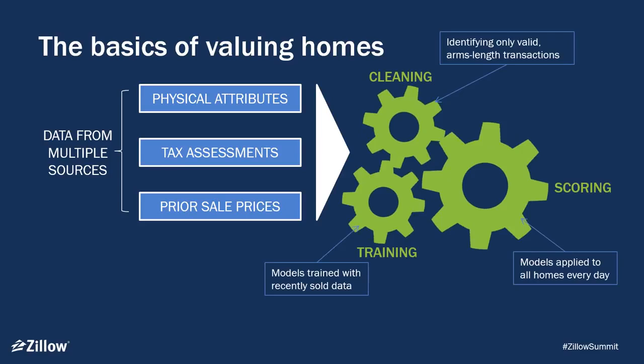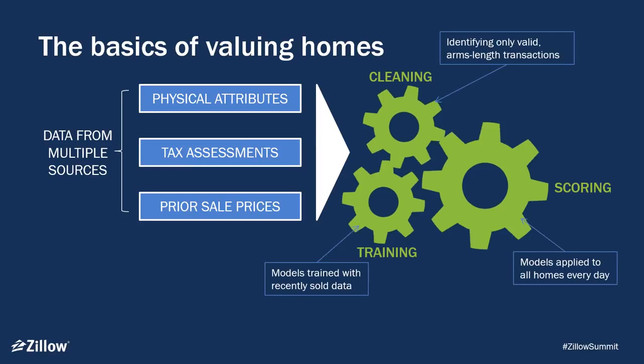That doesn't mean that those types of homes on the market don't impact value, but they'll impact it in the way that a normal sale is affected by a foreclosed home down the street, so an effect on alternative supply. So I'm left with a clean data set. I have only valid arm's length transactions that I think reflect normal market conditions, well, normal sales. The market can, of course, be normal and abnormal and changing all the time.